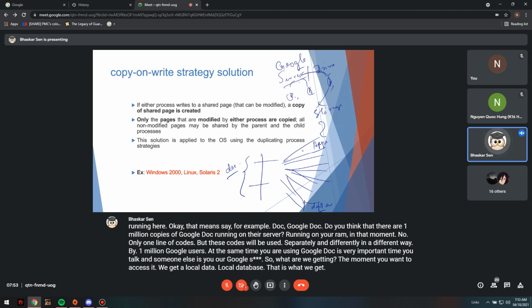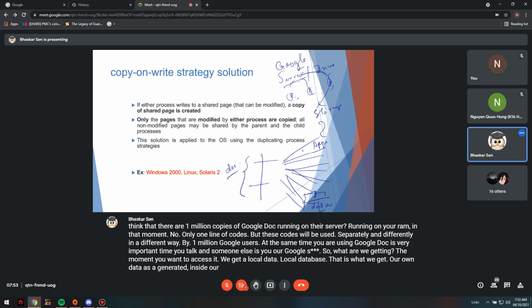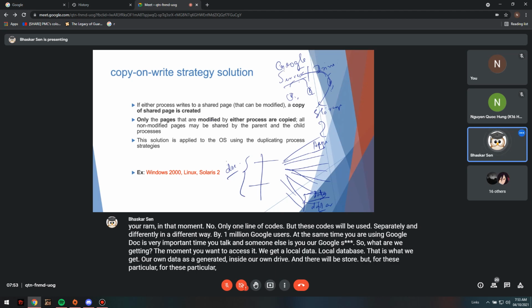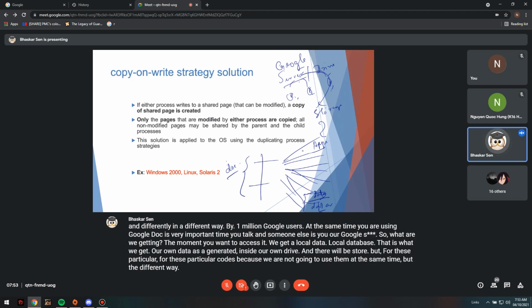Our own data are generated inside our own drive, and they will be stored. But for these particular codes, because we are not going to use them at the same point of time, but in a different way, we will get a separate copy of it.